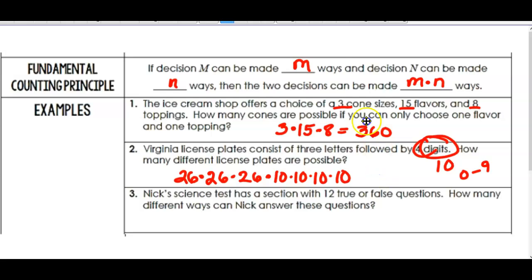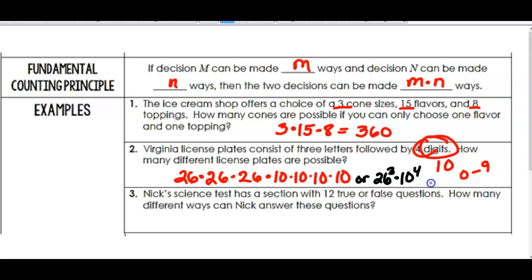Now, a lot of states will say you can't repeat a letter or you can't use 0 if you're using it as an O or whatever, but this is just a generic question. So on our calculator, we could type this as 26 to the 3rd times 10 to the 4th, or just move the decimal over 4 places.